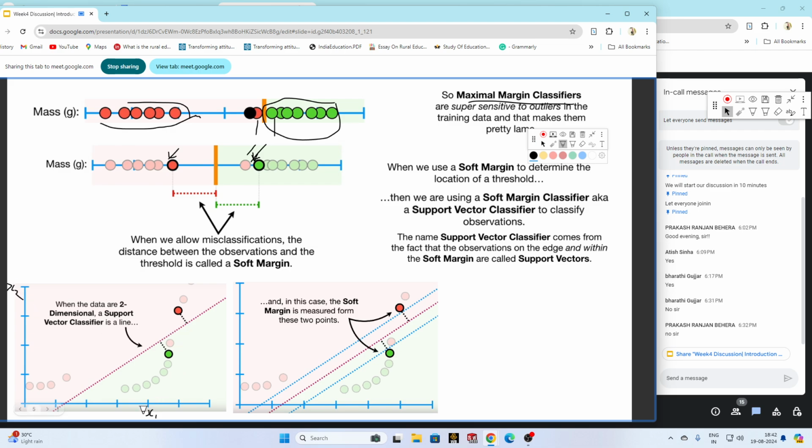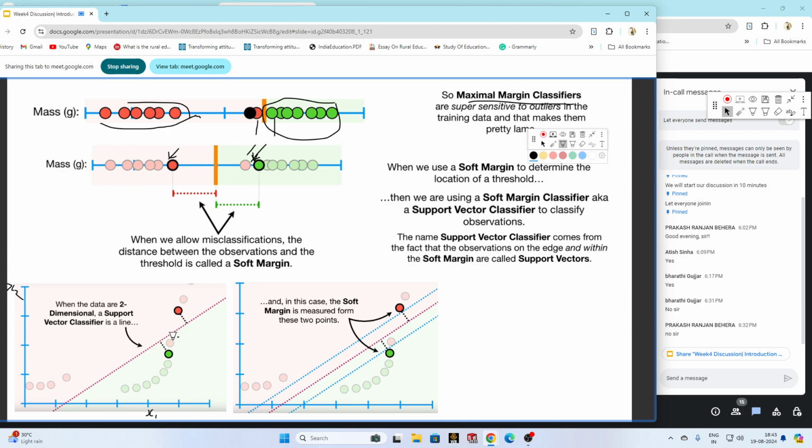This can be for mass, this can be for age. So we are extending our knowledge from one dimension to two dimensions. Here also we can definitely separate our classes of data.